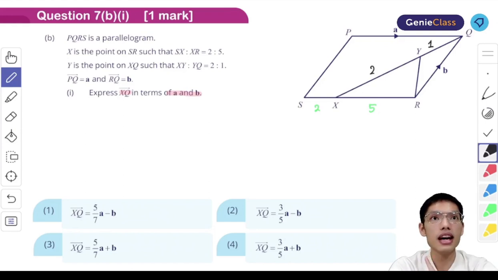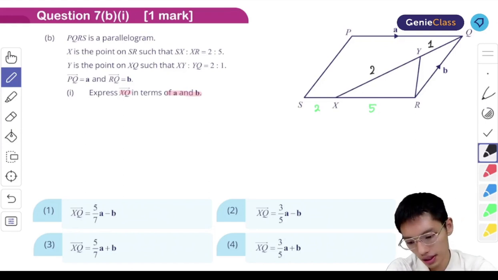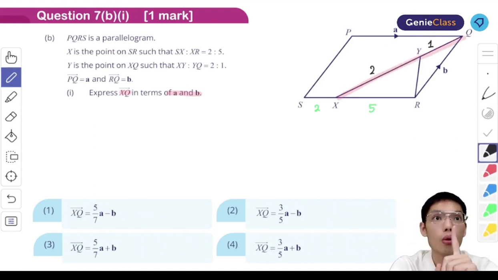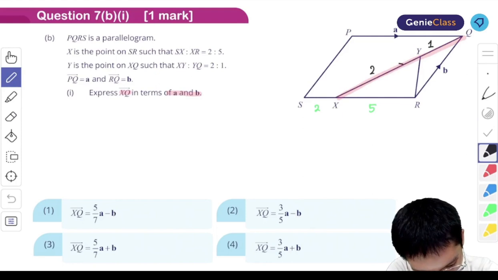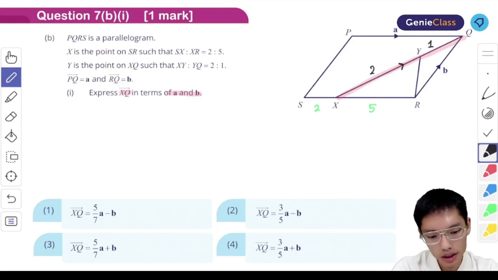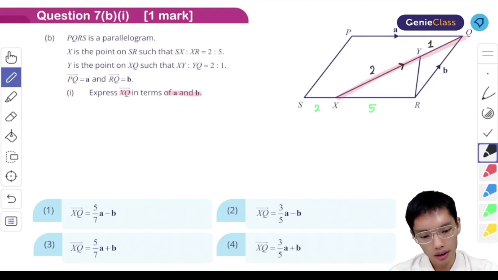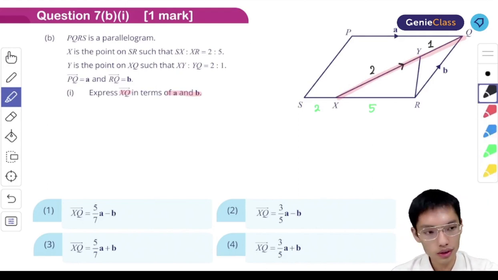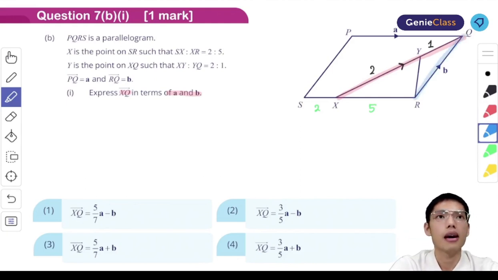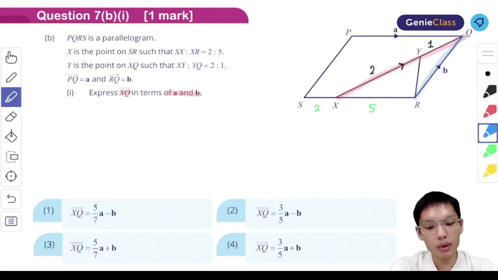Now, firstly, let's identify the vector XQ first. XQ is this vector over here, so that means I want the vector to be going this way. Next up, how do I go from XQ? What are the vectors we know? Now, this vector over here should be RQ. But next, you realize I need to find what is XR.